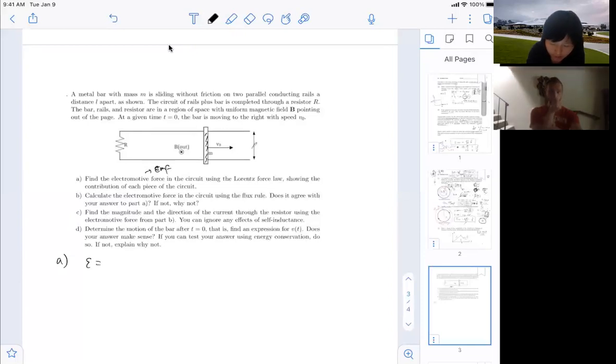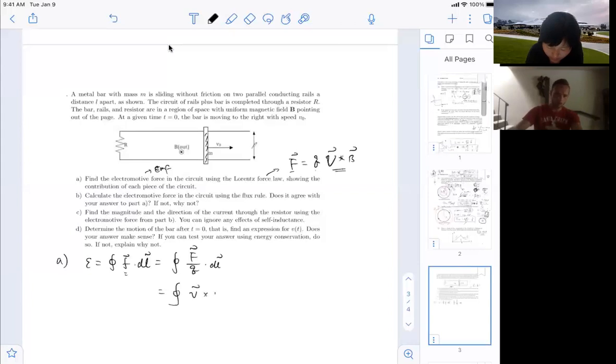EMF is little f dot dl. Here, the force per charge from the Lorentz force law: F is Q V cross B, so F over Q is just V cross B, dl.